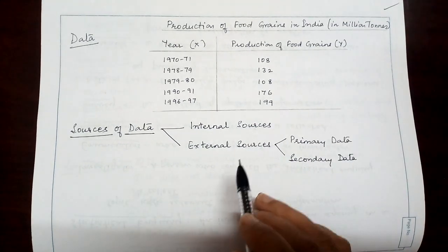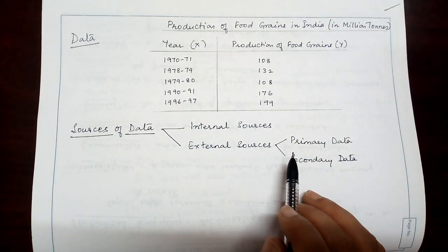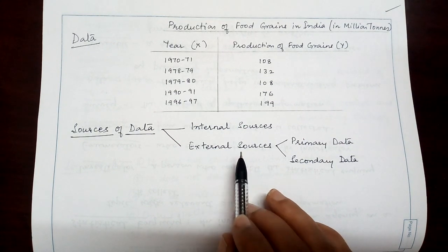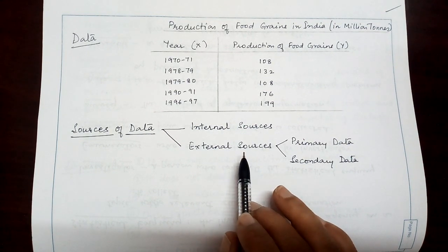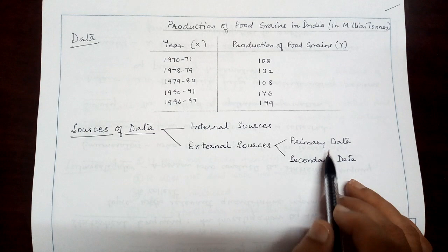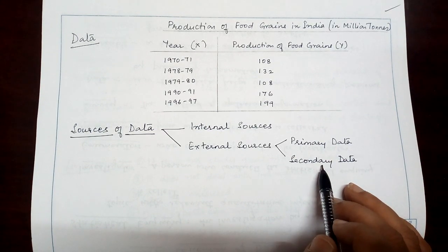You can also say the annual report of a company. Then the external sources. The external sources refer to the data collected from outside the organization. And this can be primary data or secondary data.